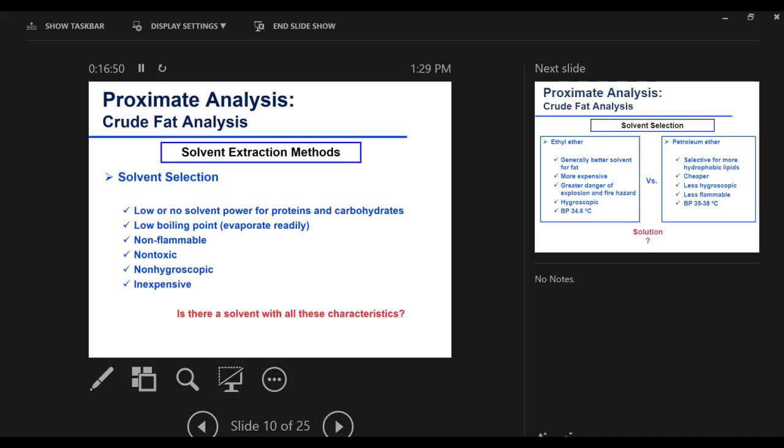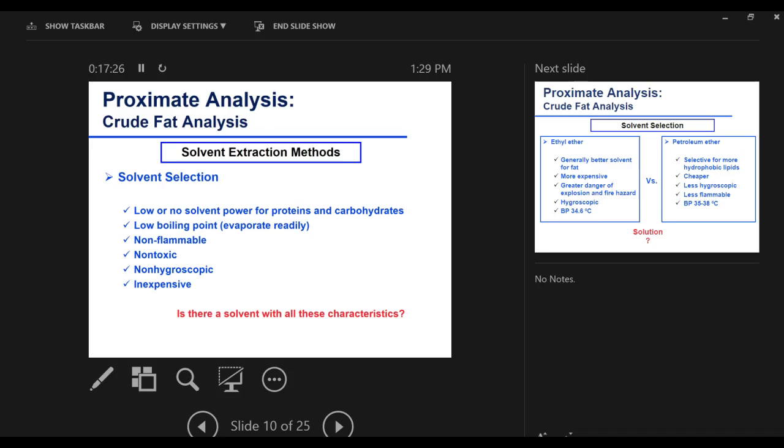So with solvent selection, in order to extract, we look for solvents that have zero or low solvent power for proteins and carbohydrates. You do not want to solubilize any proteins and carbohydrates. Low boiling point so that your evaporation is quicker, evaporates readily, non-flammable, non-toxic, non-hygroscopic, that means they do not get saturated with moisture or absorb moisture, and inexpensive.